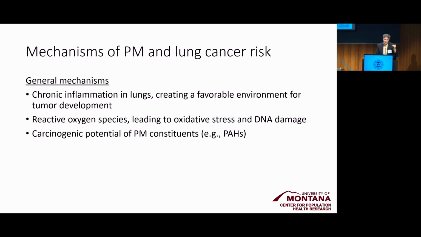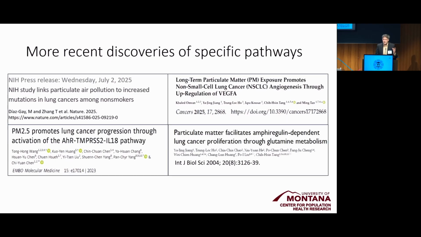And I'm going to skip past these mechanisms. We can talk about them later. But there's everything from general mechanisms to more specific mechanisms that have been investigated more recently with respect to air pollution exposure and lung cancer risk.